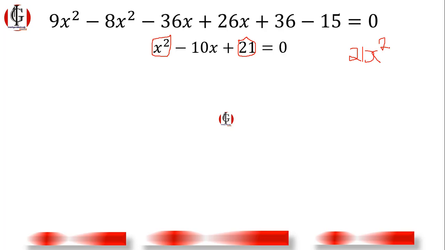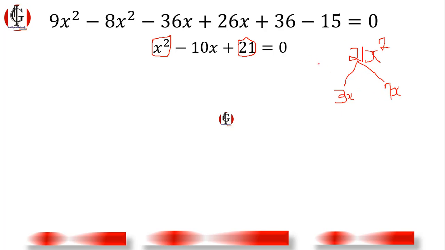I need factors of 21x squared. So what multiplies to give me 21x squared? I'm having 3 and 7. So 3x and 7x. 3x times 7x will give me 21x squared.